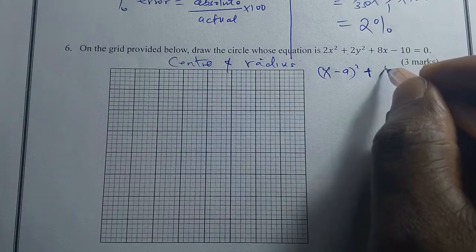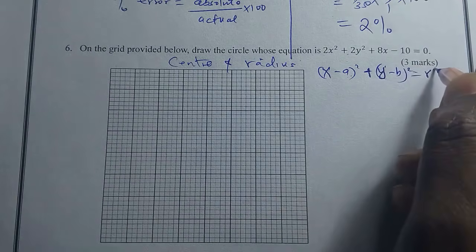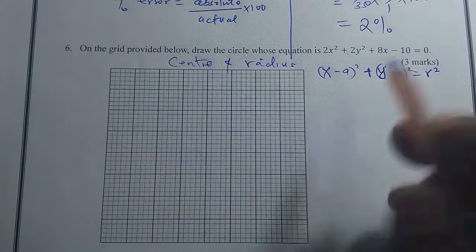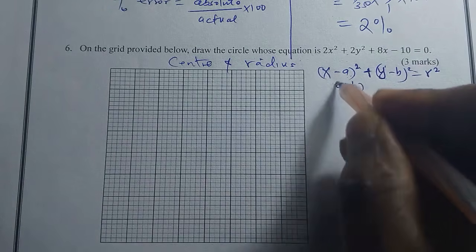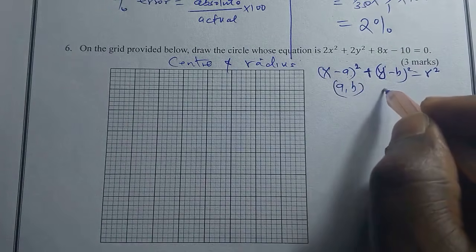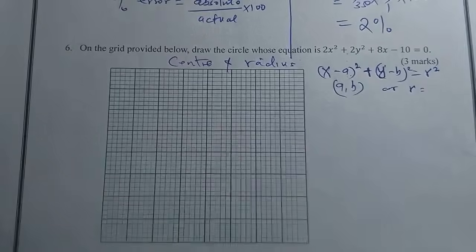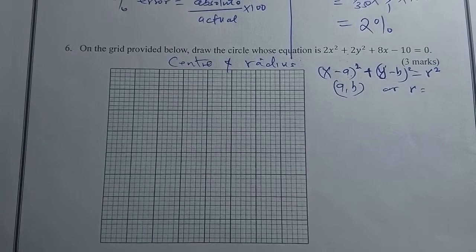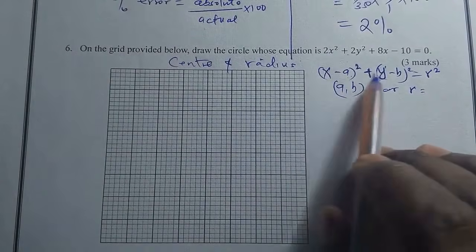So once we write it, we are able to write this one. (a, b) is the center and r is the radius. So this is what we are looking for. We use the completing square method to find these equations. So let's start.